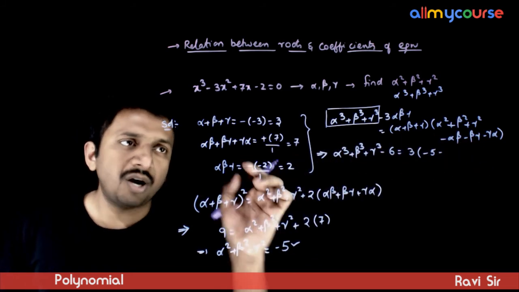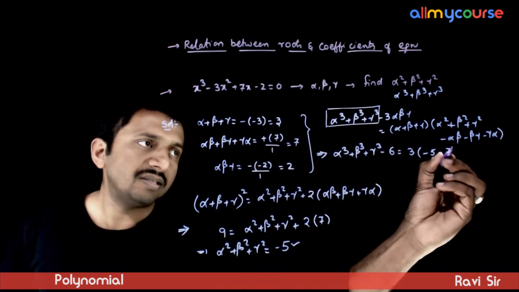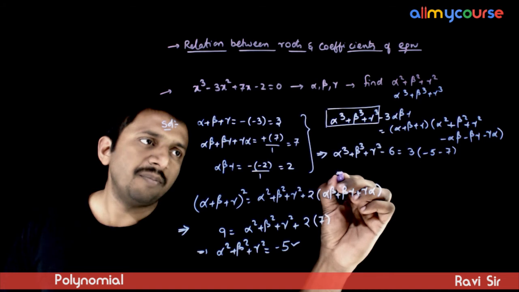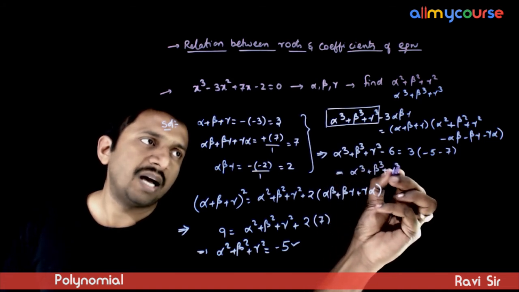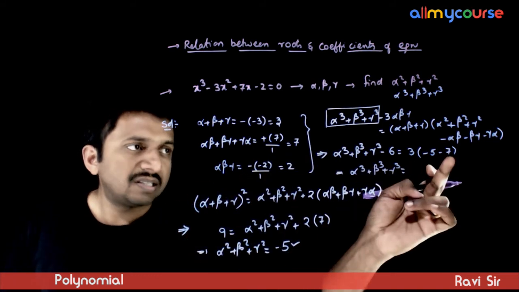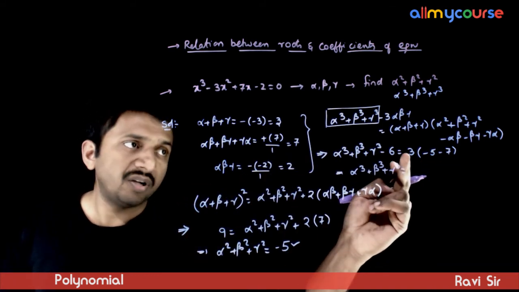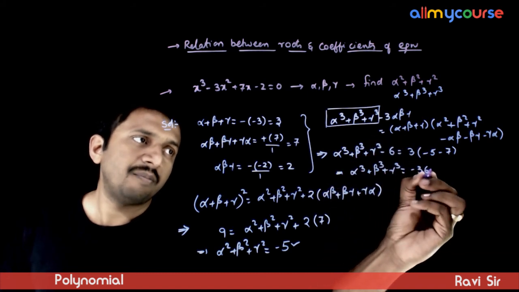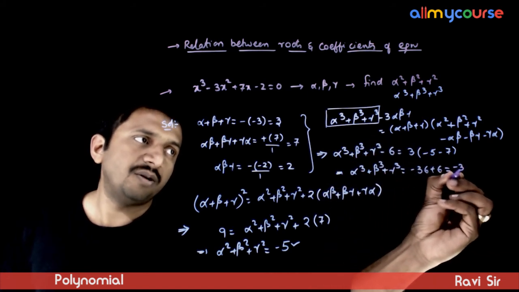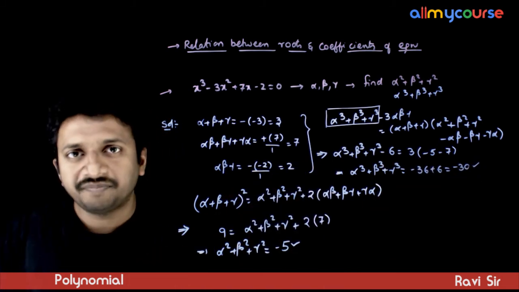If you take a minus common, you get 7. So this implies alpha cube plus beta cube plus gamma cube is equal to minus 5 minus 7, which is minus 12, into 3, minus 36, plus 6, which will be equal to minus 30.